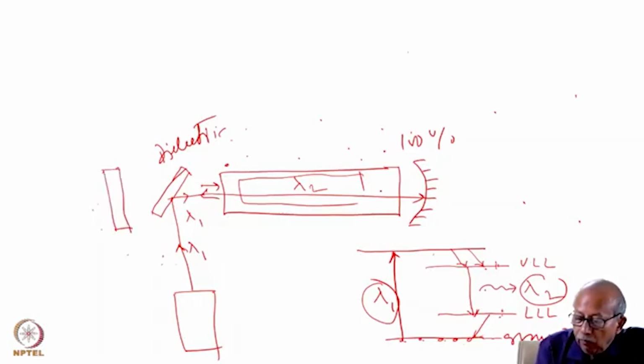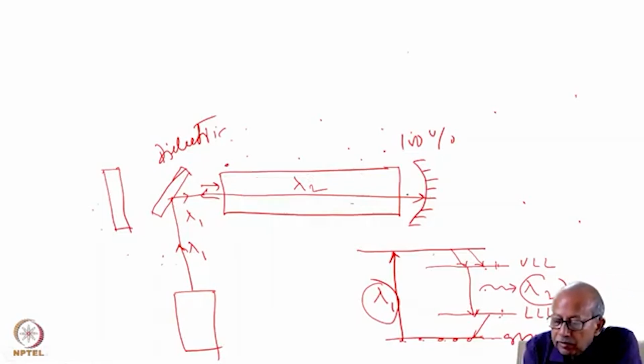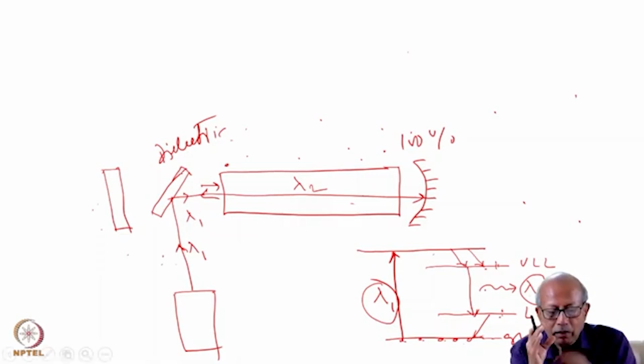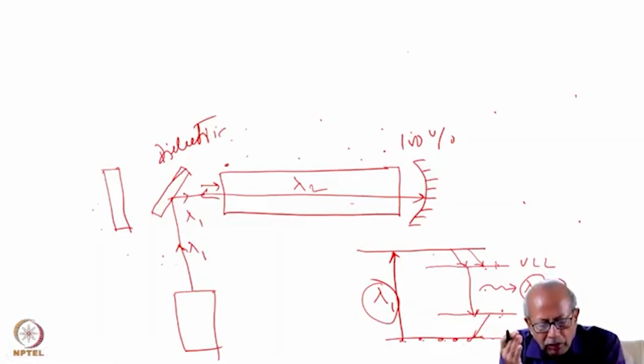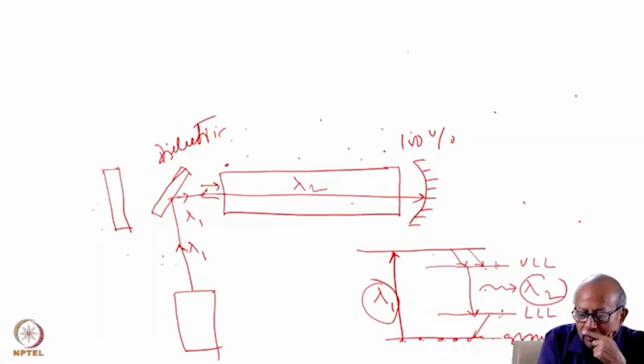Now, this actually lases at wavelength lambda 2, but the normal dielectric mirror would not transmit one wavelength and reflect another wavelength.